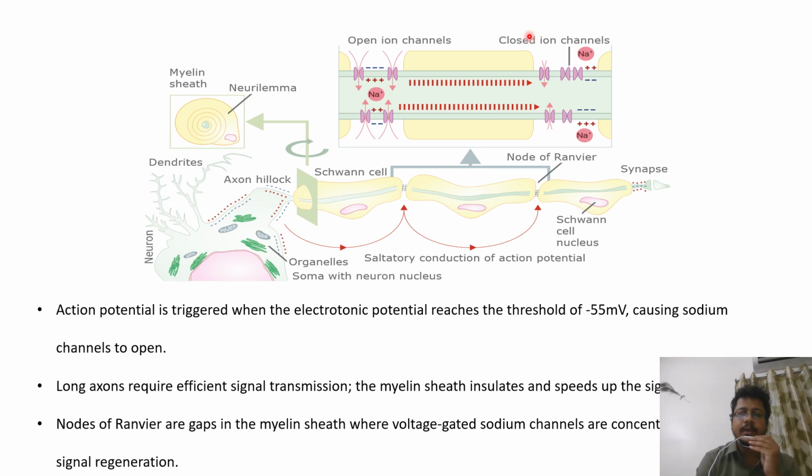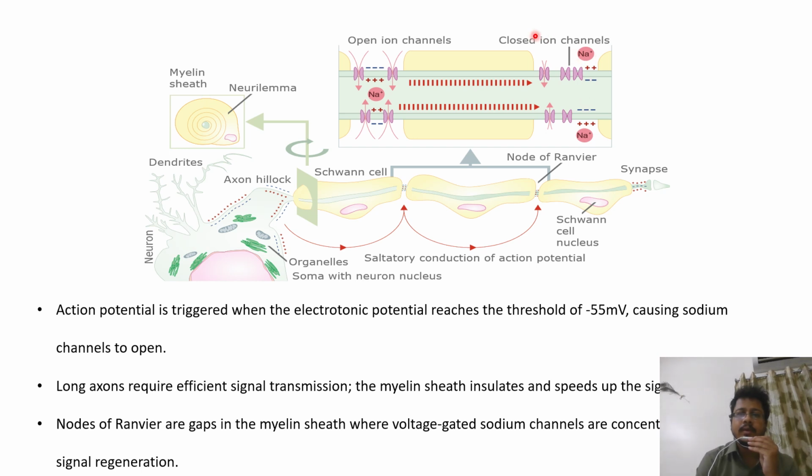The positive current that flows inside the axon does not immediately fade away because myelin insulation prevents leakage, which is not present in non-myelinated neurons. This current travels rapidly beneath the myelin until it reaches the next node of Ranvier, and at the node the sodium channels open, regenerating the action potential.